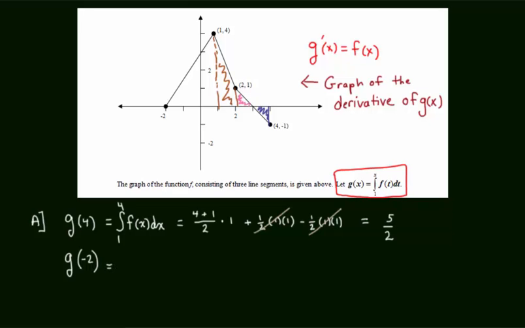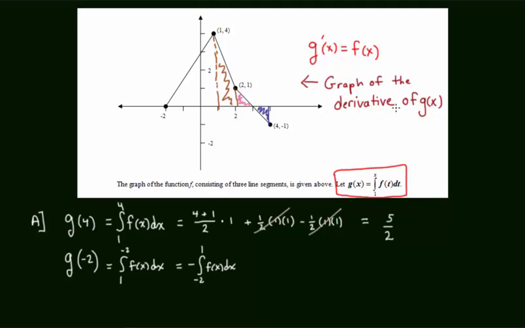Now I have to evaluate g of negative 2. So that will be the integral from 1 to negative 2 of f of x dx. But if I'm going to appeal to geometry, that assumes left to right, but you notice the negative 2 is in the top bound. So what I'm going to do is make this negative and flip it and go from negative 2 to 1 of f of x dx.